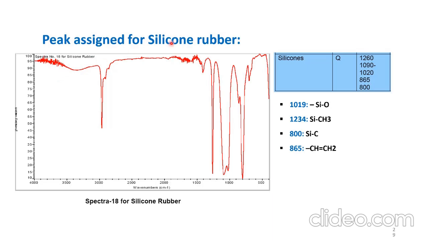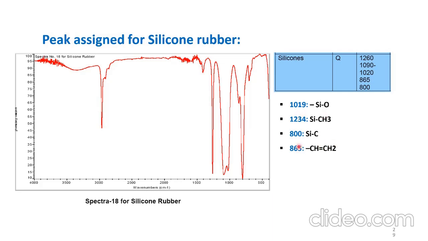And again, for silicone rubber we have these four peaks. At 1019 we have silicon oxide, then 1234 silicon with methyl group, then 800 silicon with carbon, then 865 this CH2.